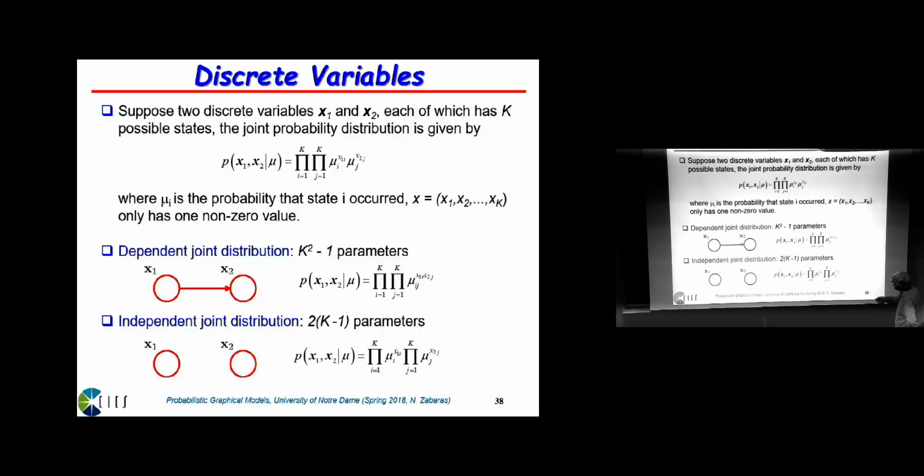I have k mu's, and normalization of each of the p of x1, p of x2, so k minus 1, and then I have two of those. So the mu's here really are two different mu's the way I have it. The notation is not clear, saying x1 has its own mu, x2 has its own mu. You see that?